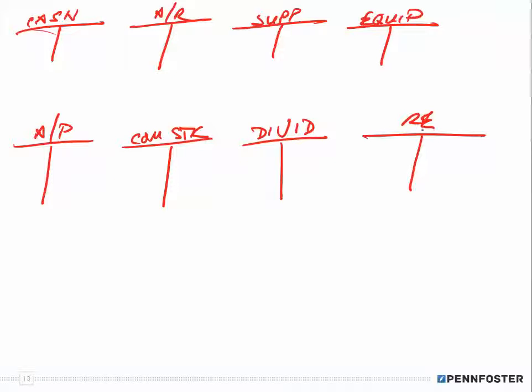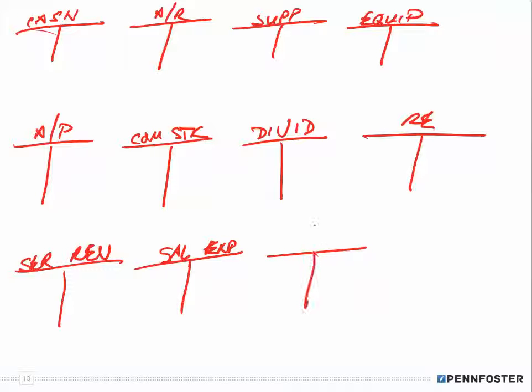So even though we're not going to use one in this particular problem, just start getting accustomed to the idea of having one. Okay, so we have a service revenue, we have a salaries expense, and we have rent expense.